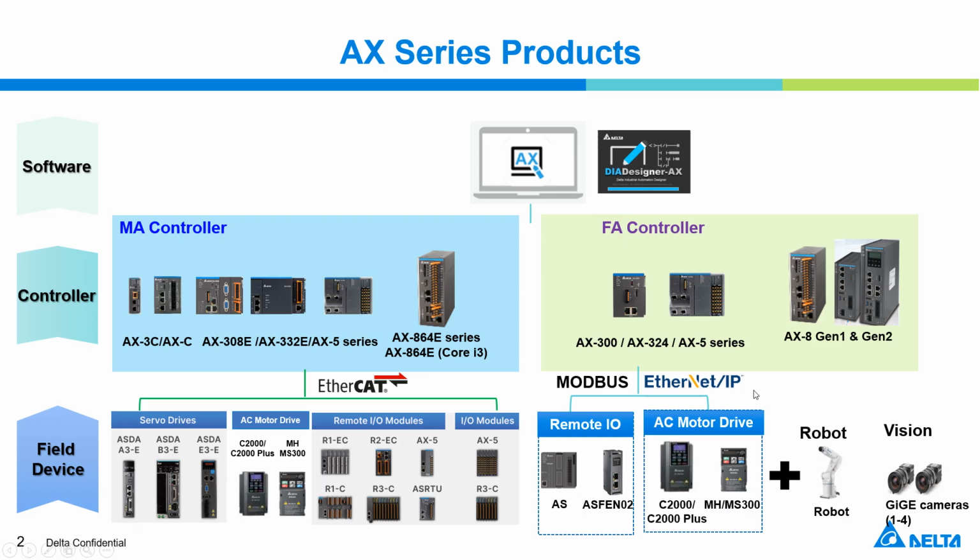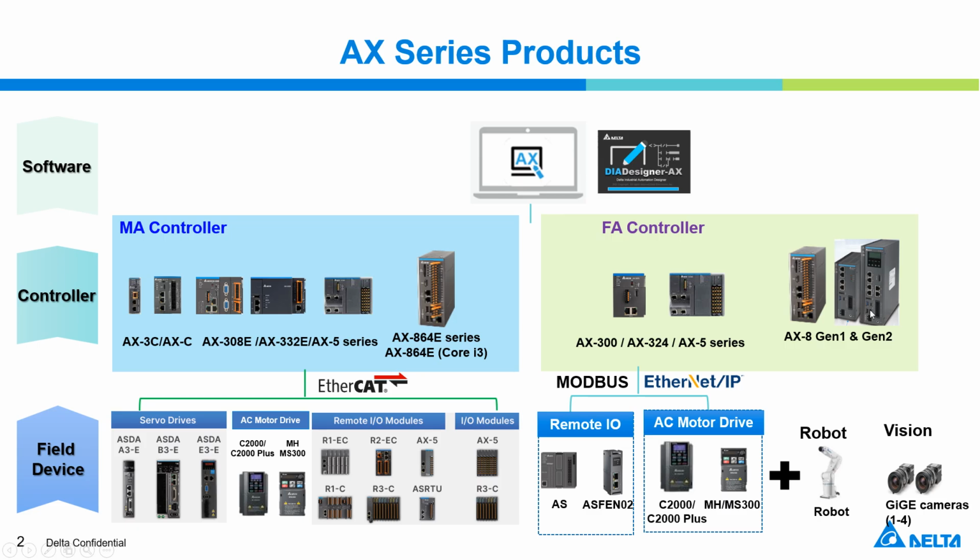As you can see here, there are the remote I/O, the AS EIP communication module, the AC controller, and the robot and the vision. Maybe you can see the picture I put here, like the AX8. Currently we have generation 1 and generation 2.